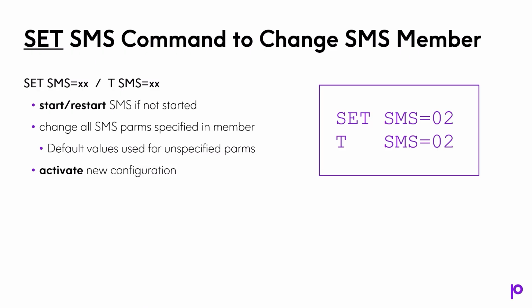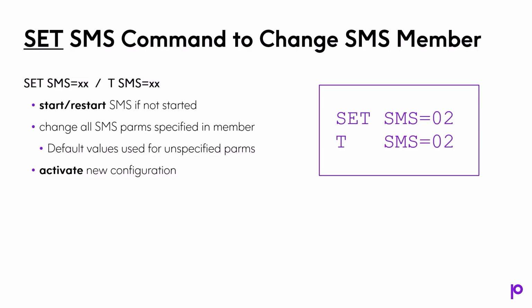And so there are really two z/OS commands that can be used. One is the SET command, and it's a little bit confusing because the two commands are very similar in syntax, but SET can be used to update any PARMLIB member.